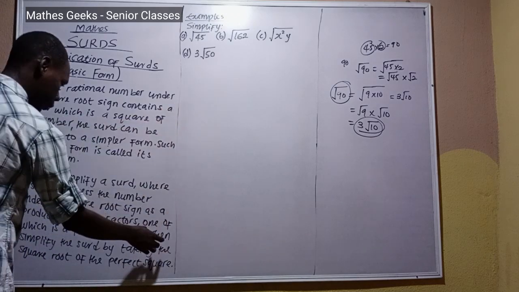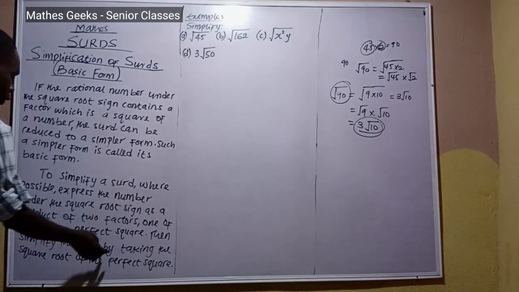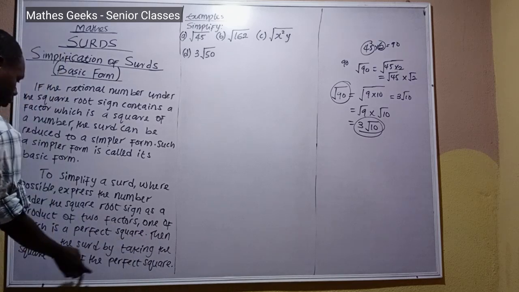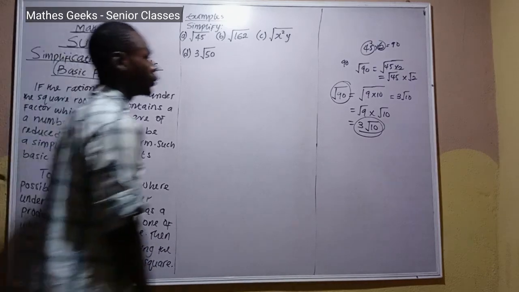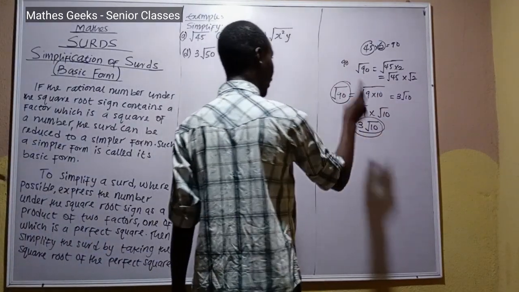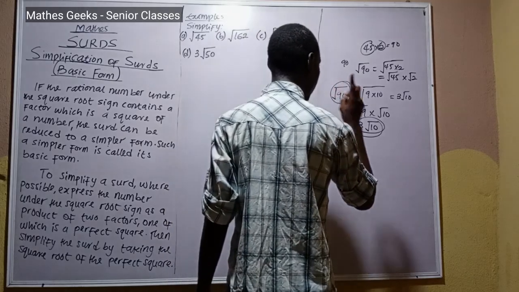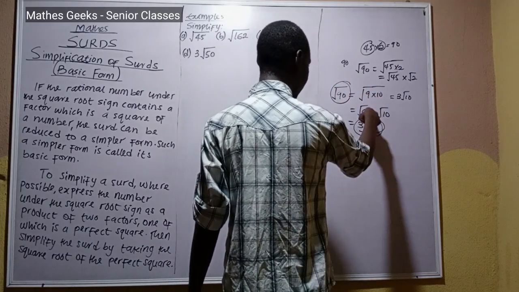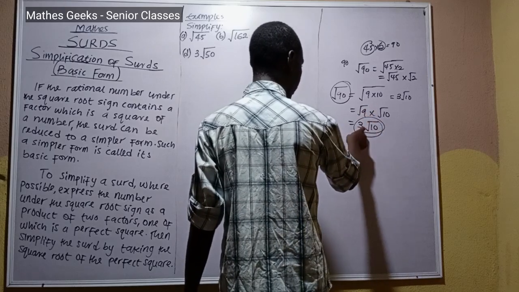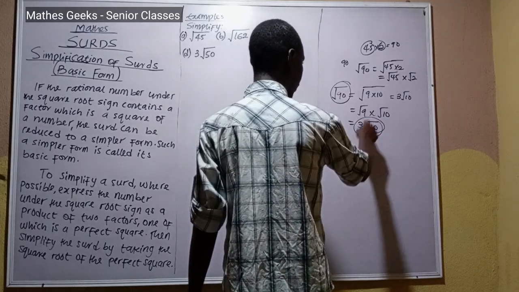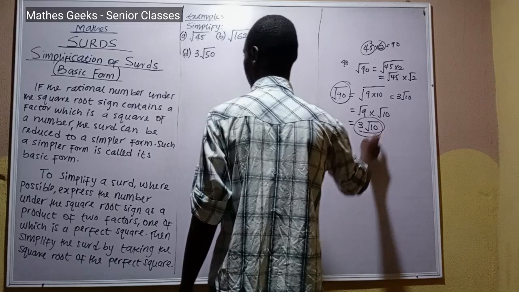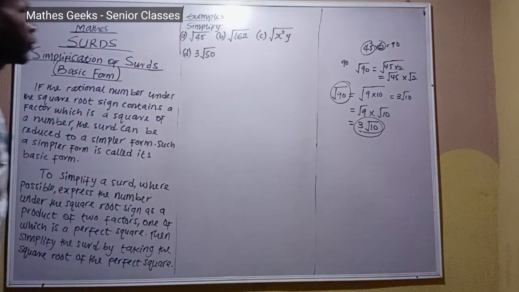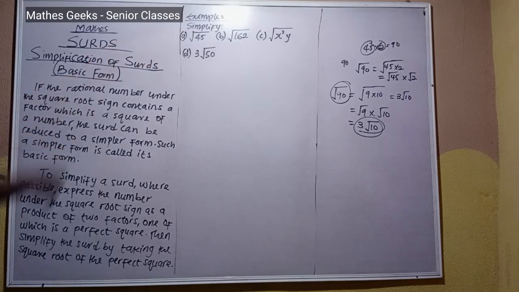Then simplify the surd by taking the square root of the perfect square, which in this case is 9. The square root of 9 is 3, so 3 times root 10 will give us 3 root 10. That's how you simplify a surd, and when you simplify a surd in that way, we call it the basic form of the surd.